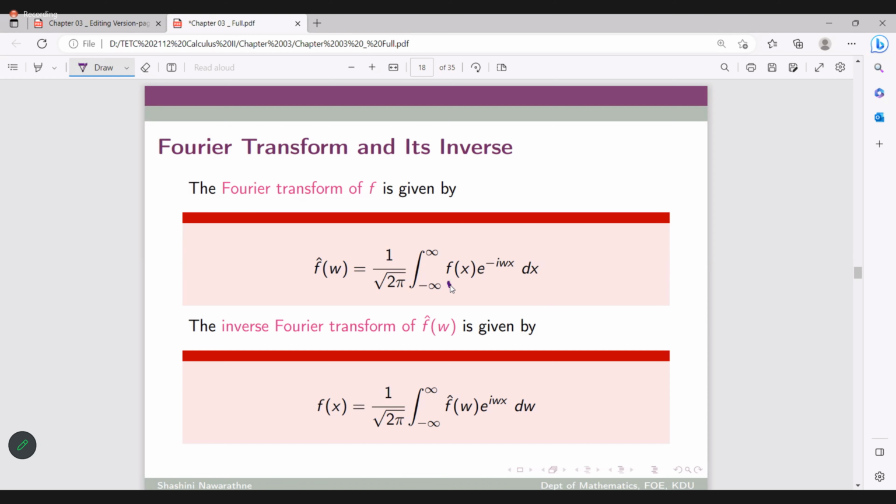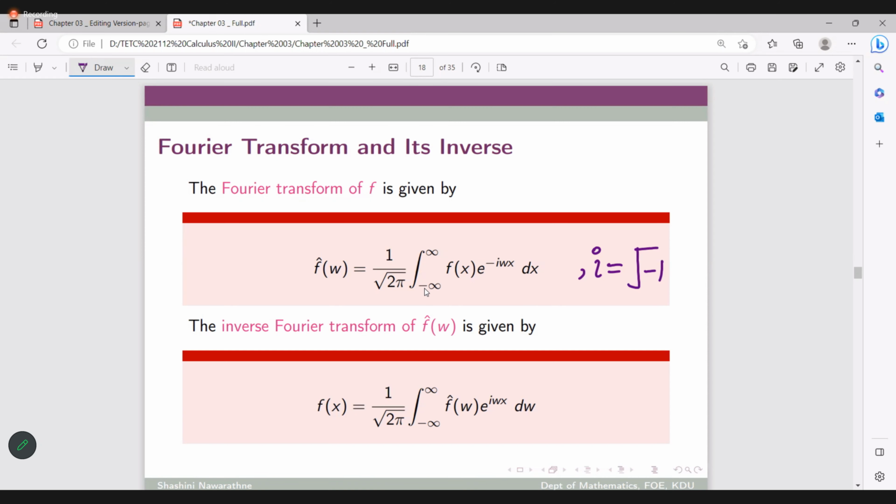Here f of x is the function that we are starting with. That means we are going to find the Fourier transform of this function f of x, and we multiply that function by e to the power minus iwx. What is the meaning of this i? It is the square root of minus 1, the notation for a complex number.